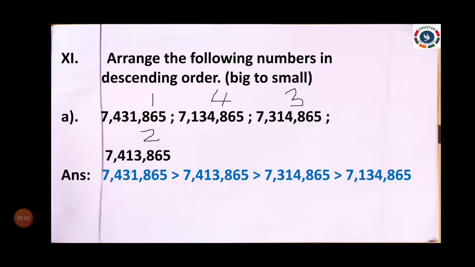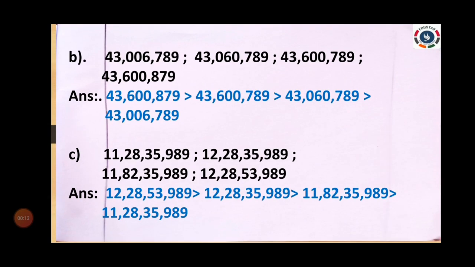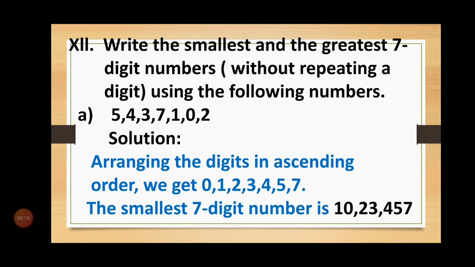Roman letter 11. Arrange the following numbers in descending order, from big to small. The first sum I gave the answer, and B and C check your answer. And Roman letter 12. Write the smallest and the greatest 7-digit numbers without repeating a digit using the following numbers.